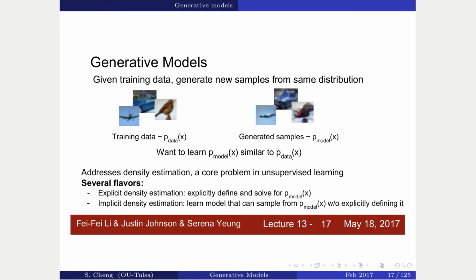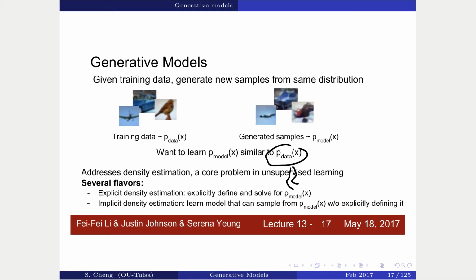There are several flavors to do that. We can have an explicit way, trying to really learn this distribution, and have p model be as close as possible to p data.